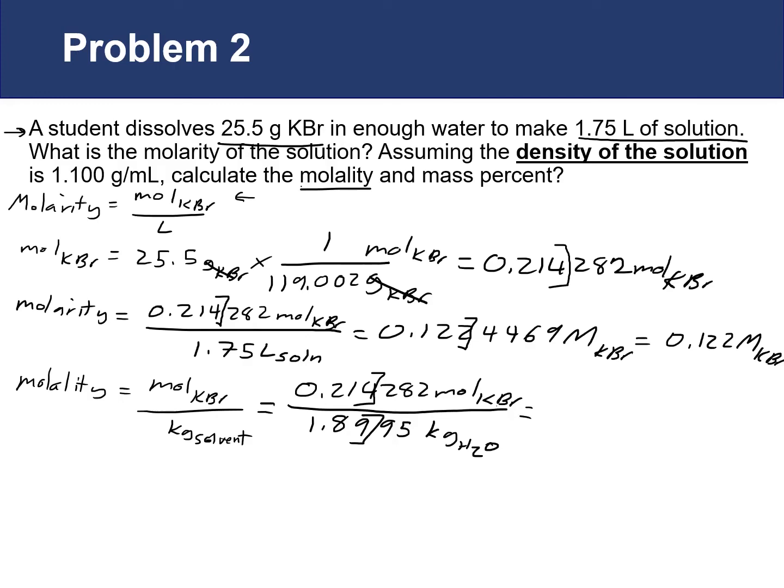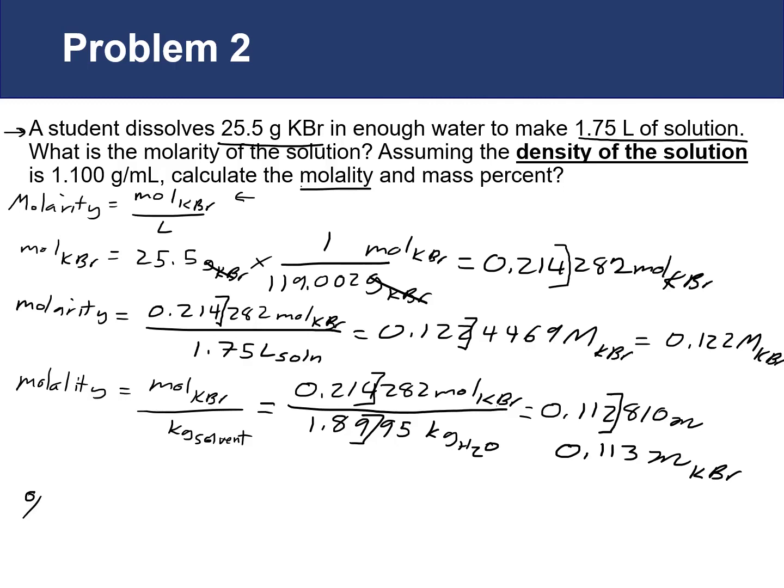Plugging this into the calculator, you get 0.112810 molal, which is good to 3 significant figures, which would turn into, if we round it, 0.113 molal of potassium bromide.